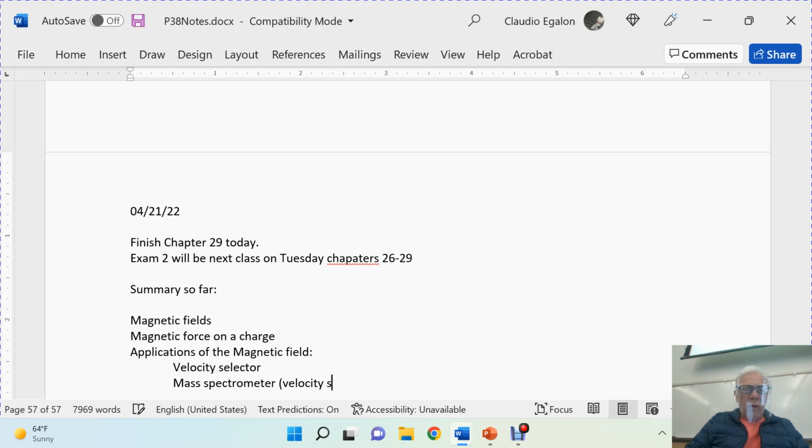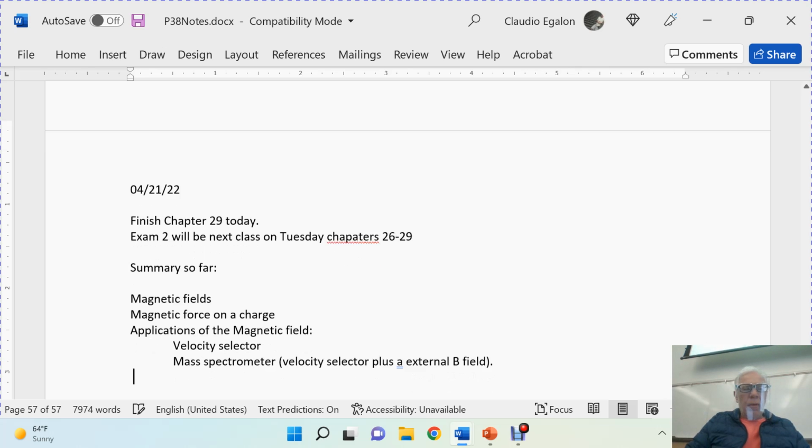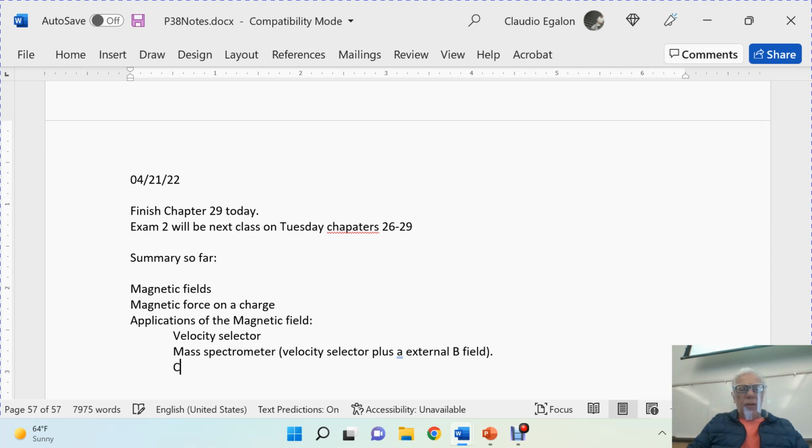Velocity selector plus an external magnetic field. There was another device called the cyclotron that used the magnetic field to accelerate charges. And finally, the Hall effect.